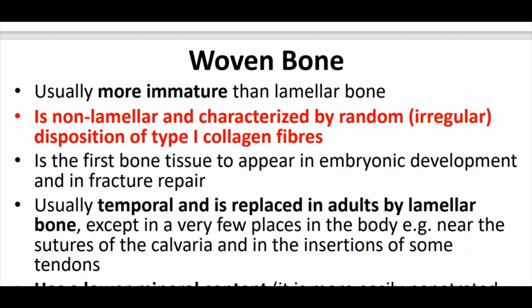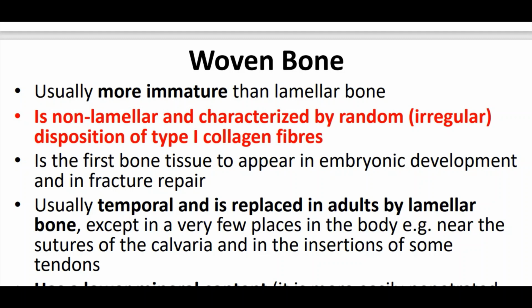Woven bone is usually more immature than lamellar bone. It is non-lamellar and is characterized by a random or irregular deposition of collagen type 1 fibers. Woven bone is the first bone tissue to appear in embryonic development and in fracture repair.